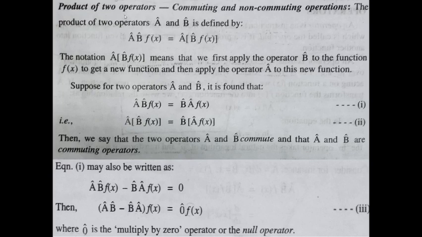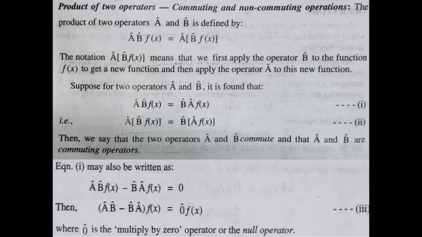So here two cases arise: commuting and non-commuting operators. For the product, we have to take at least two operators, and two operators may be commuting. Commute means interchange each other.